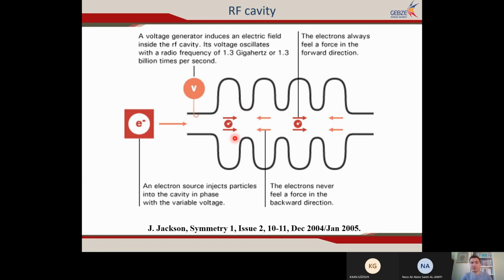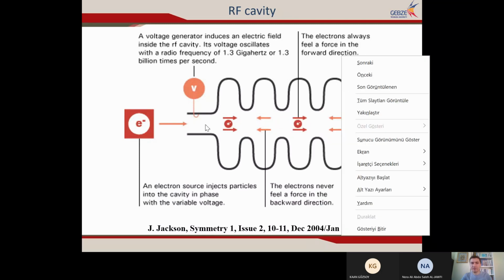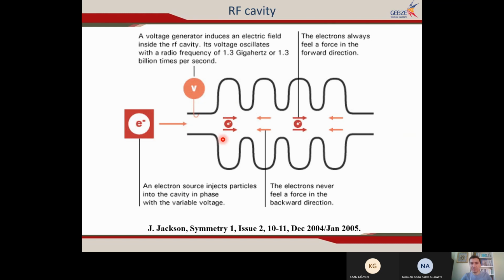But if the force is in the forward direction within that cavity, in the neighboring cavity it is opposite. And here, again, forward, here, backward. So when the electron enters the first cavity, it feels a force in the forward direction and it is accelerated. But whenever it enters the second cavity, you have to reverse the direction of the force so that it acts along the forward direction, right?